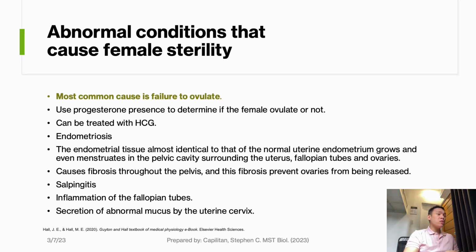The endometrial tissue is almost identical to that of the normal uterine endometrium, and it grows and even menstruates in the pelvic cavity surrounding the uterus, fallopian tubes, and your ovaries. It causes fibrosis throughout the pelvis, and fibrosis prevents the ovum from being released. Salpingitis, inflammation of the fallopian tubes, and lastly, secretion of abnormal mucus by the uterine cervix.